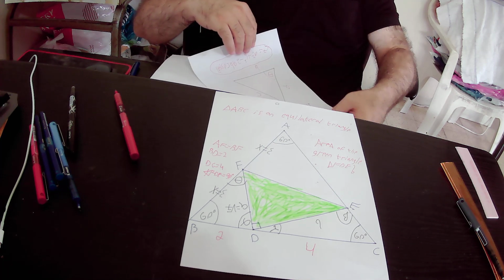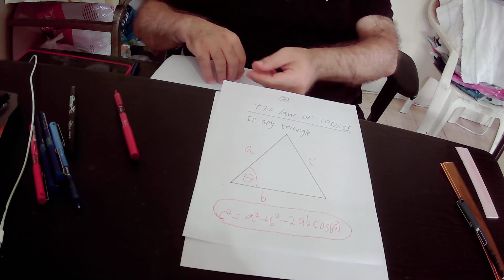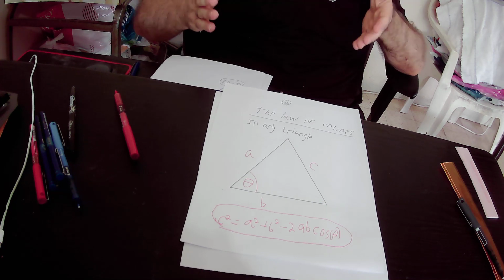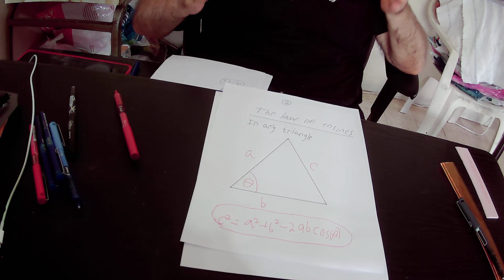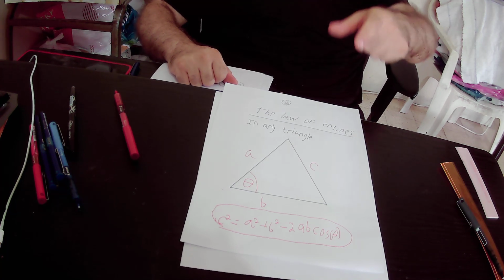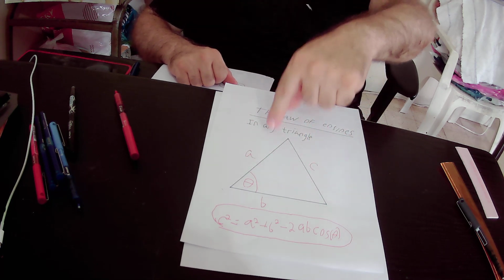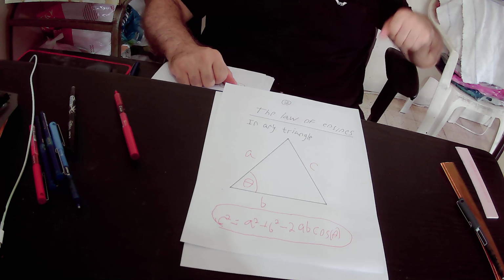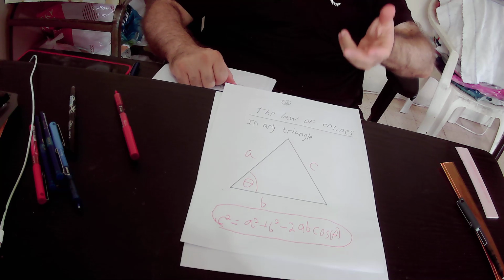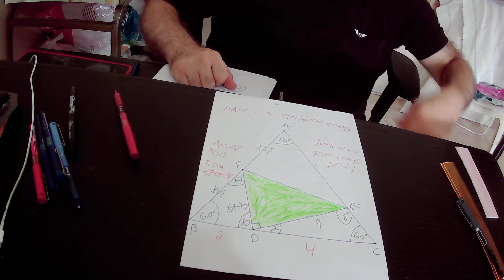What is the law of cosines? The law of cosines applies to any triangle. According to the law of cosines, c square equals a square plus b square minus 2 times a times b times cosine theta. Again, it is true for any triangle, so we can implement the law of cosines in triangle FBD.